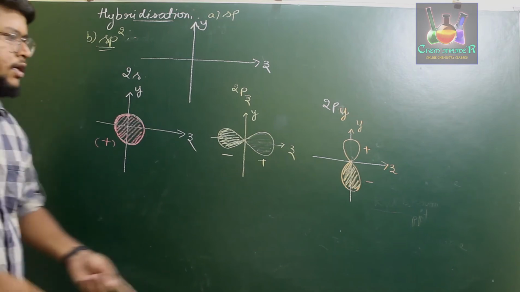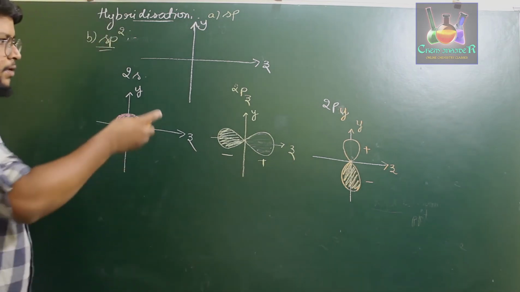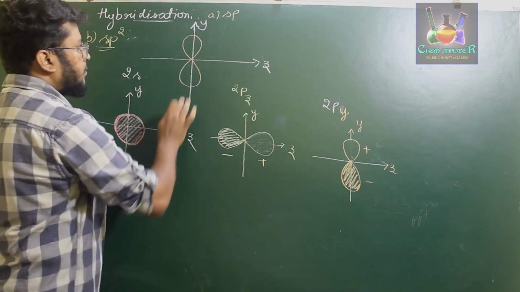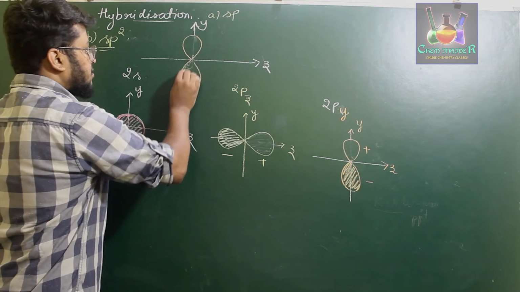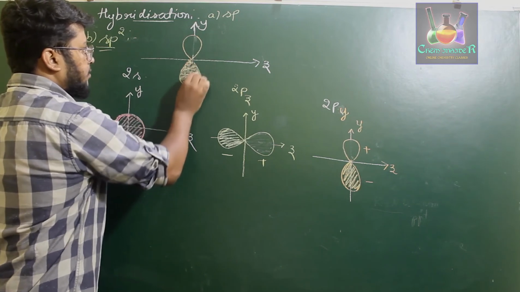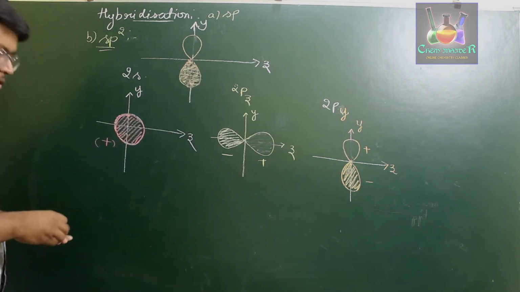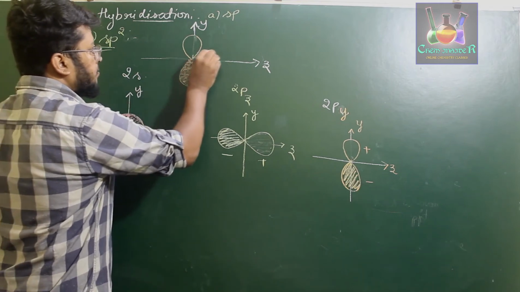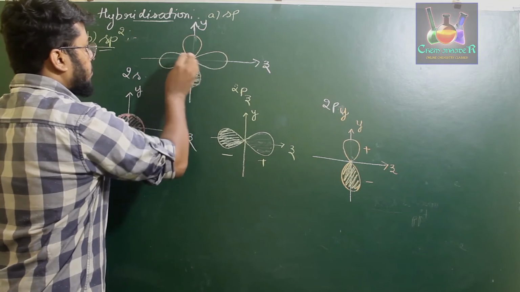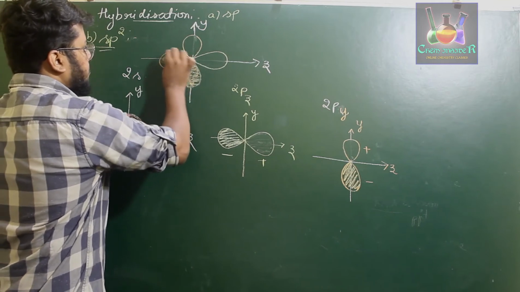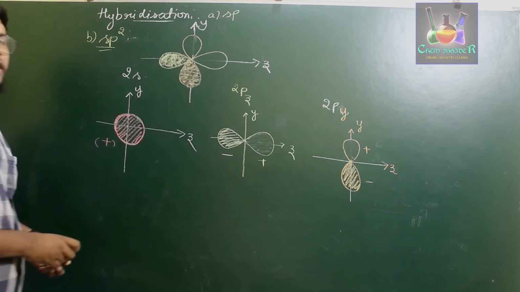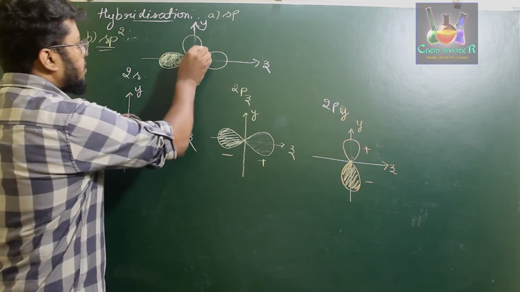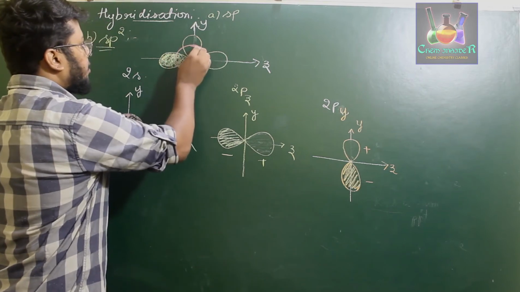For the first one, let us consider the py orbital, which will be in this particular direction, shaded like this. Next we have the pz orbital, which will be in this particular direction. So this is the negative end. And now we have the s orbital, which is at the origin, at the center.